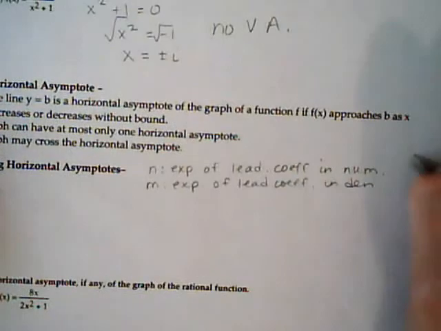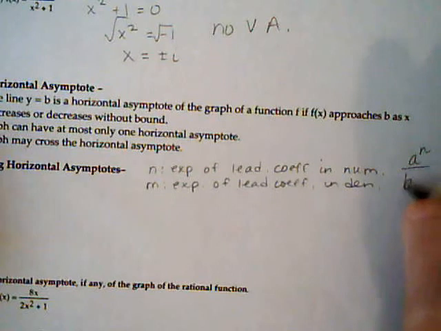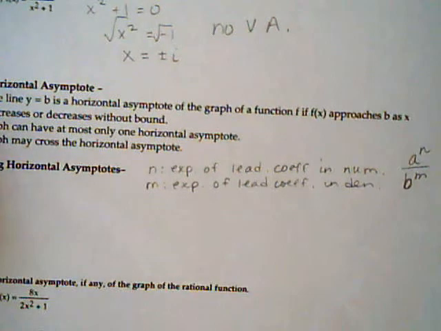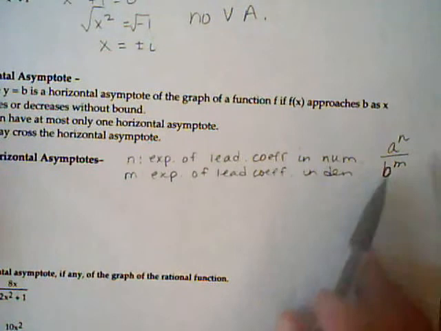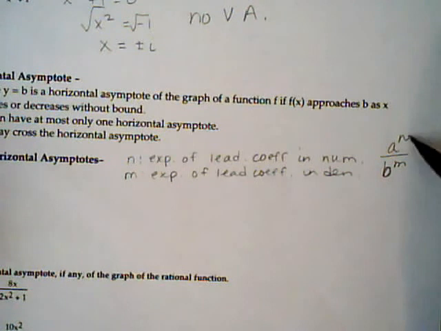Okay, so this would be something if I had like a to the n over, we'll say b to the m. Okay, that's just a real simplified version here. But this is my exponent in the numerator, my exponent in the denominator. And that's what I'm comparing.